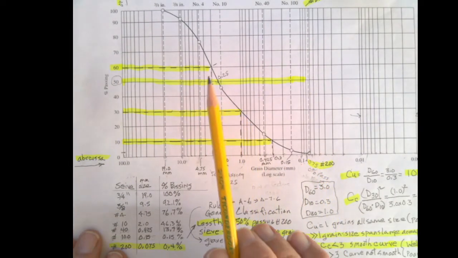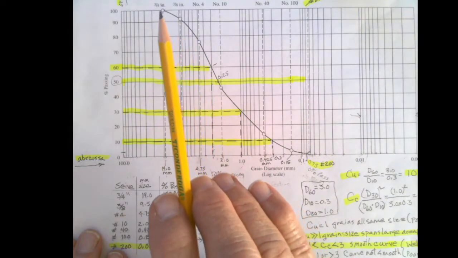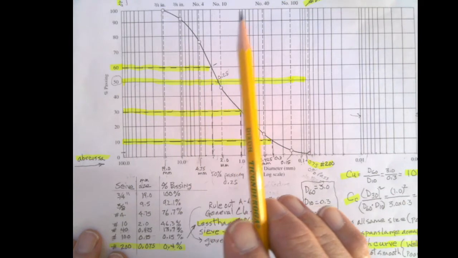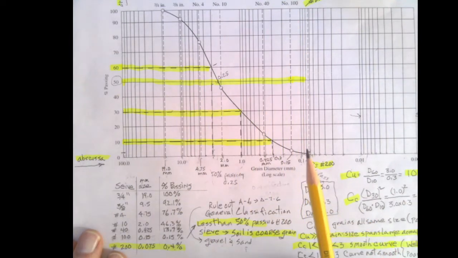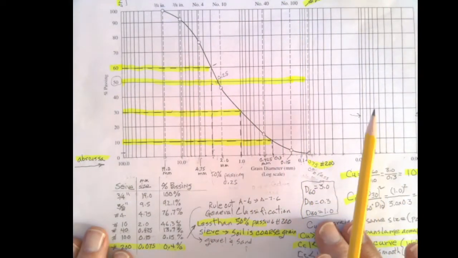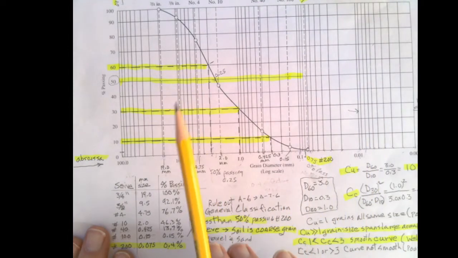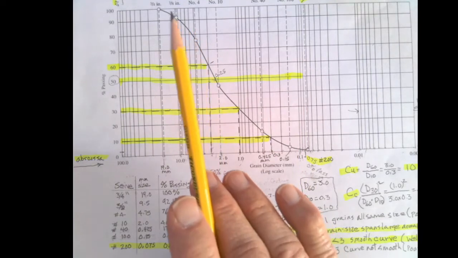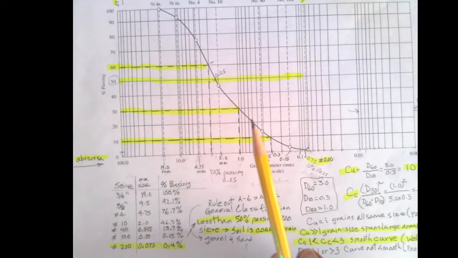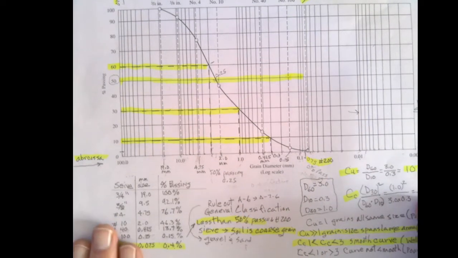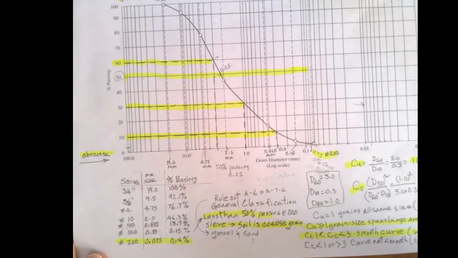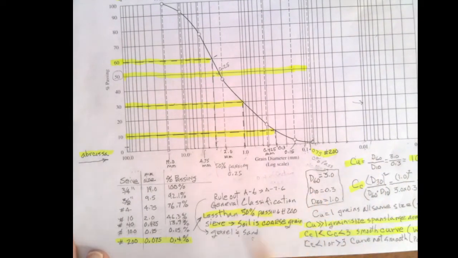It's covering everything from 3/4 all the way through the number 200 sieve. So it covers multiple particle sizes. Just by looking at this curve, an engineer can say, well, that's a well-graded soil, and that's fact. But we're going to go through it and do the nitty gritty on this thing.